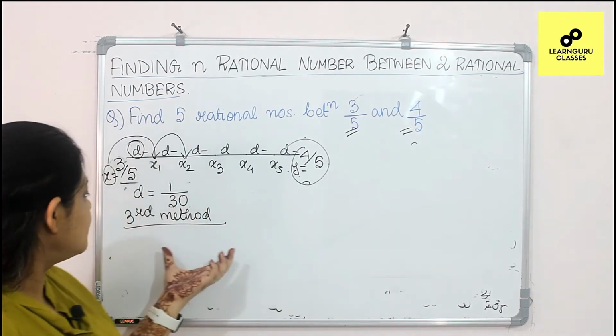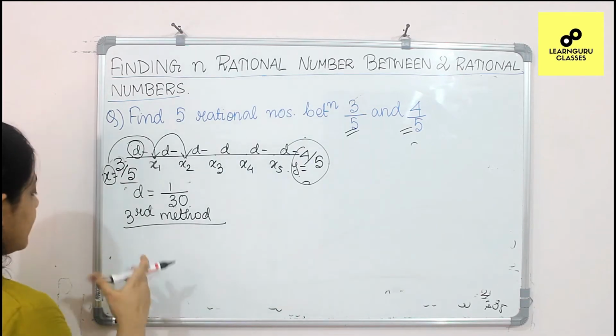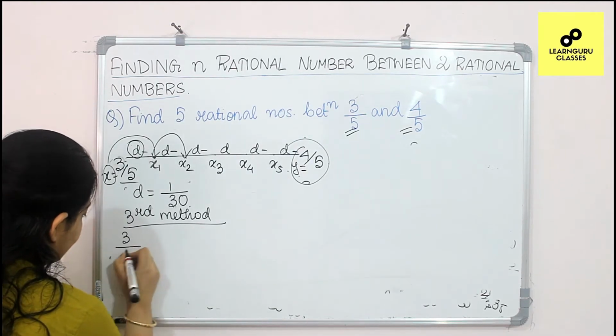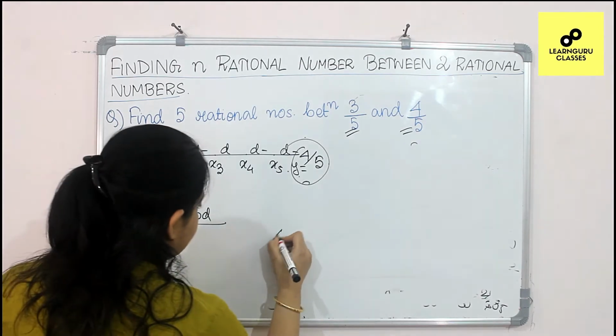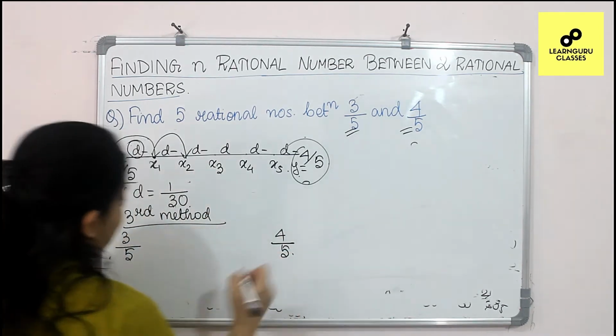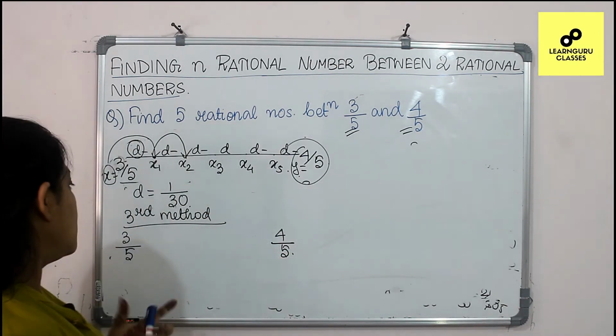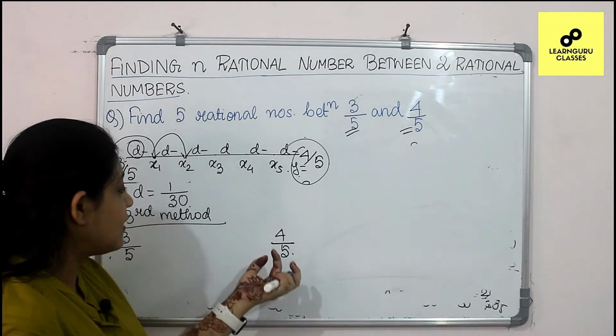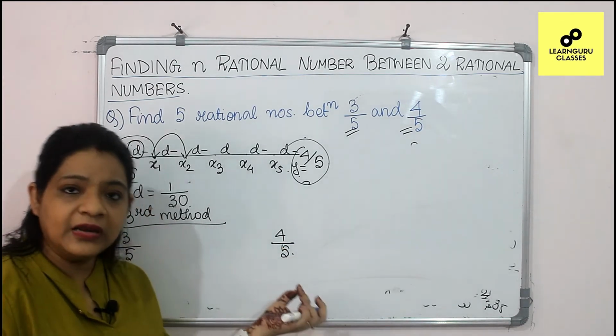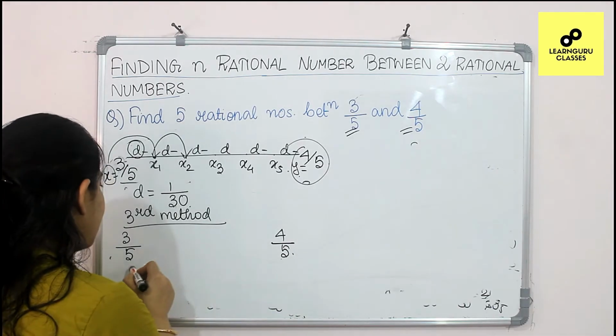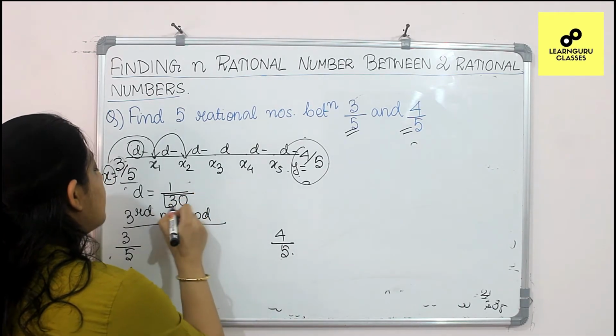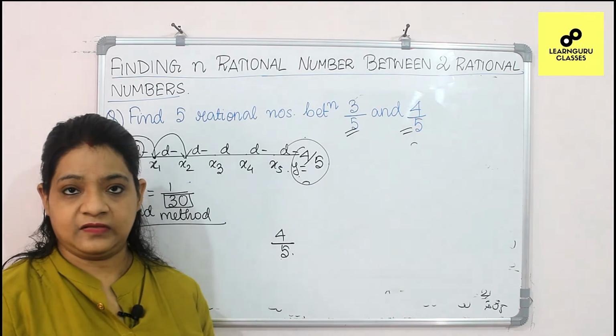To see the third method, what do we do? We write the two rational numbers or the fractions 3 by 5 and 4 by 5. Now what you need to do? You need to make the denominator of both the fractions equal to the denominator of the common difference.